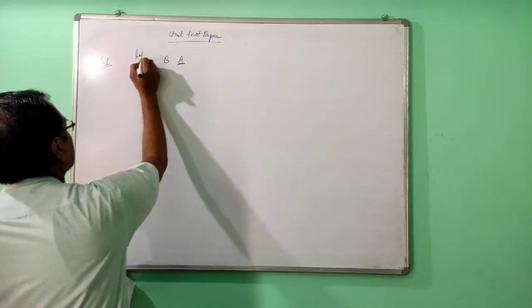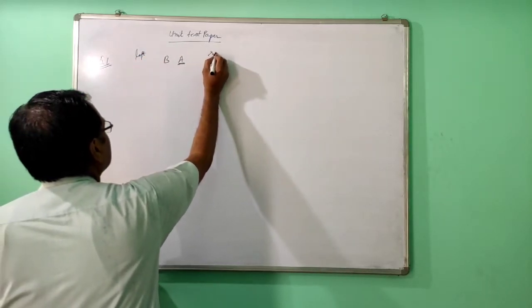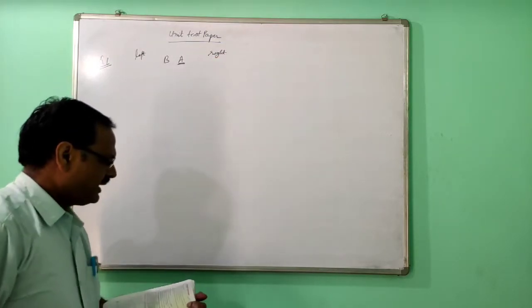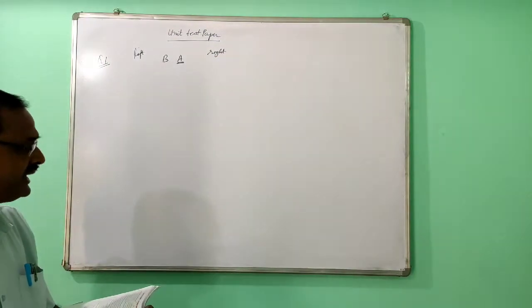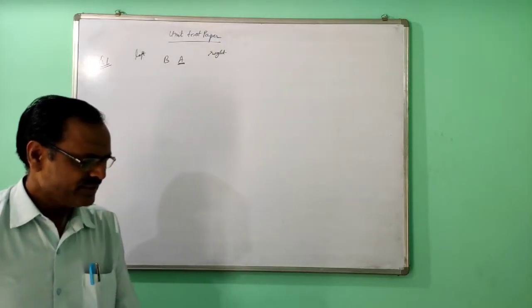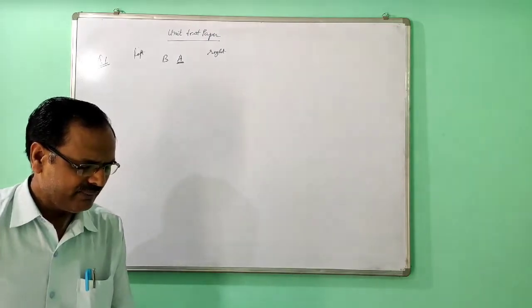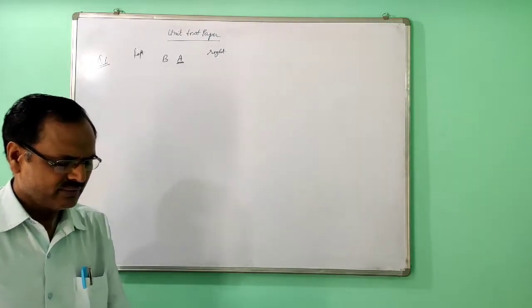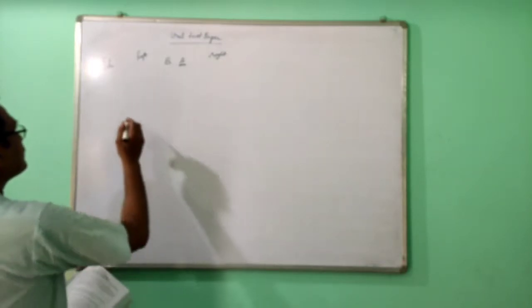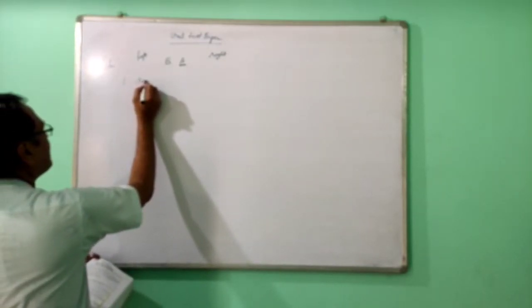This is left, that is right. So first one, the element A would probably have smaller atomic size than B. Yes. So in the first one, smaller.